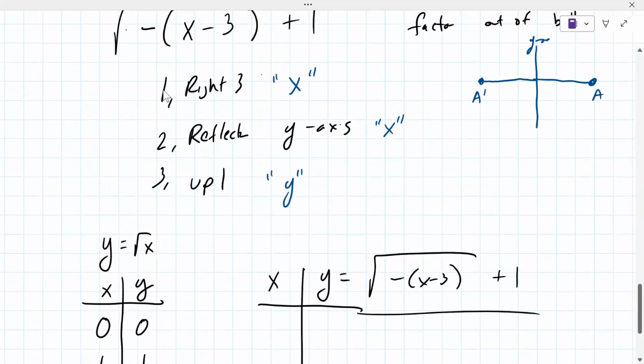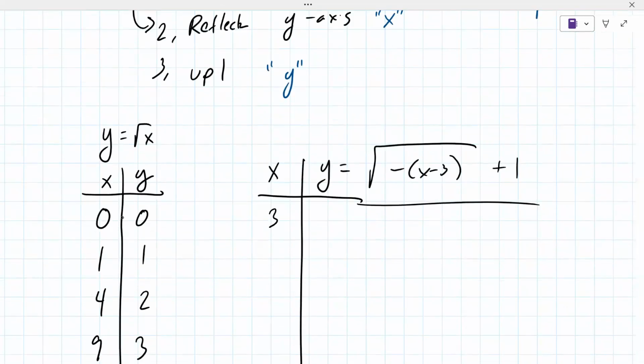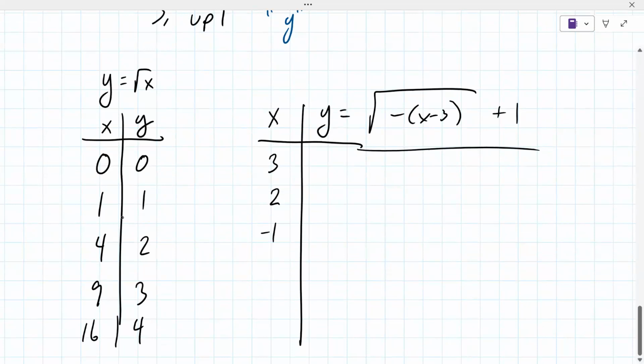I don't know why I did that, but these actually switch orders. So you actually negate the x first and then add 3. So for example, 4 is negated and then you add 3 to get -1. 9 is negated and add 3 to get -6. 16 is negated and add 3 to get -13, like that. So could you put these into the right side here and give me the outputs?